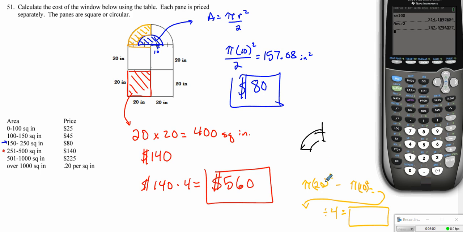So let's do that. I'm going to save myself a little effort here. 20 squared is 400. 10 squared is 100.